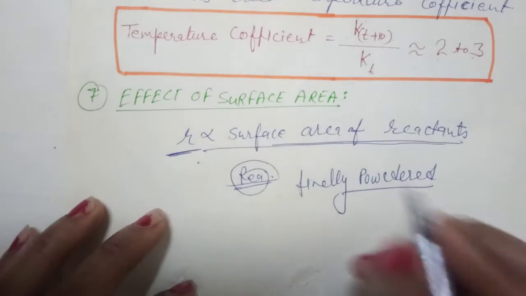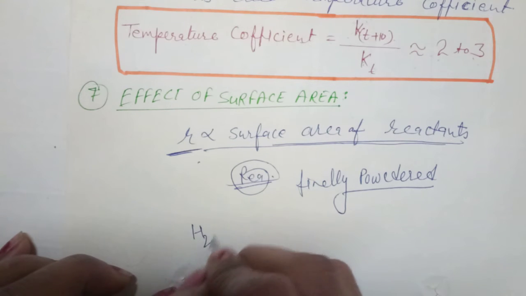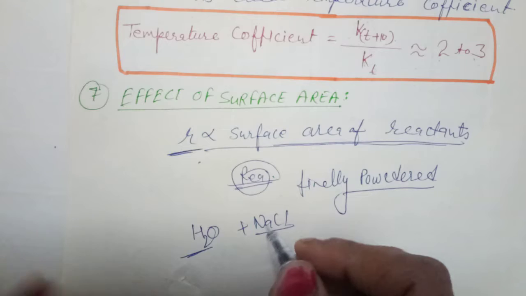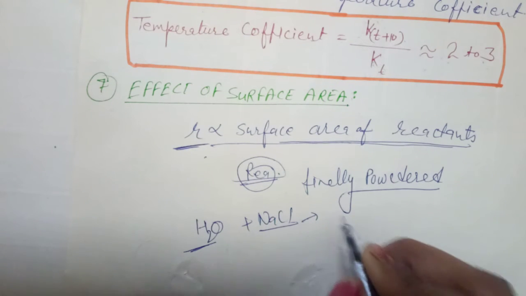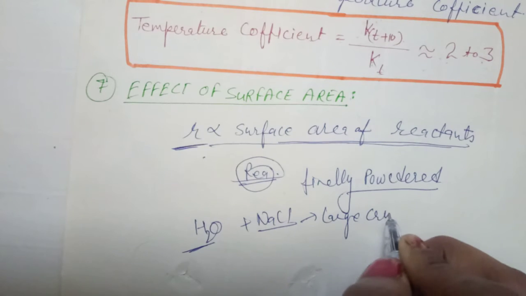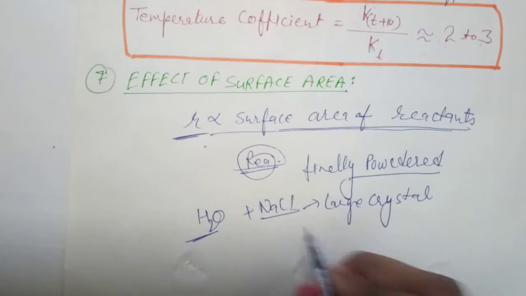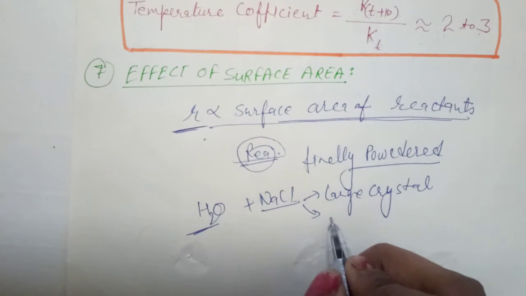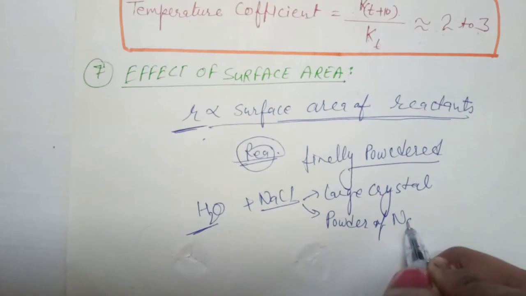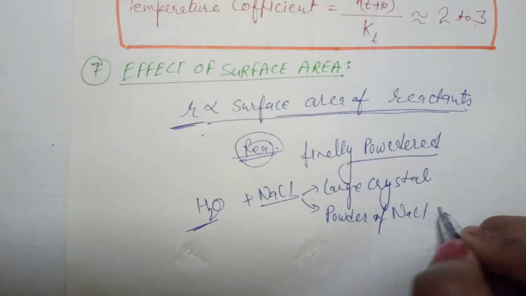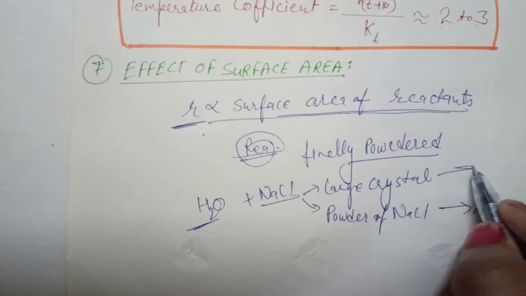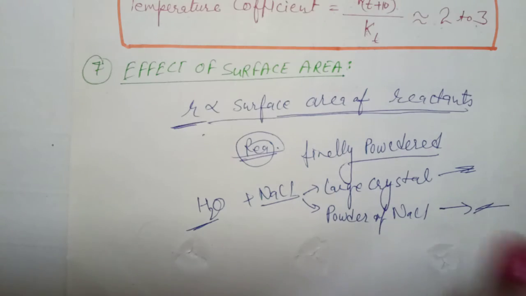For example, if we have to dissolve NaCl in H2O, and one student has large crystals of NaCl and another student takes powder of NaCl and dissolves it, then the powder of NaCl dissolves at a very fast speed while the large crystal does not dissolve for a long time.